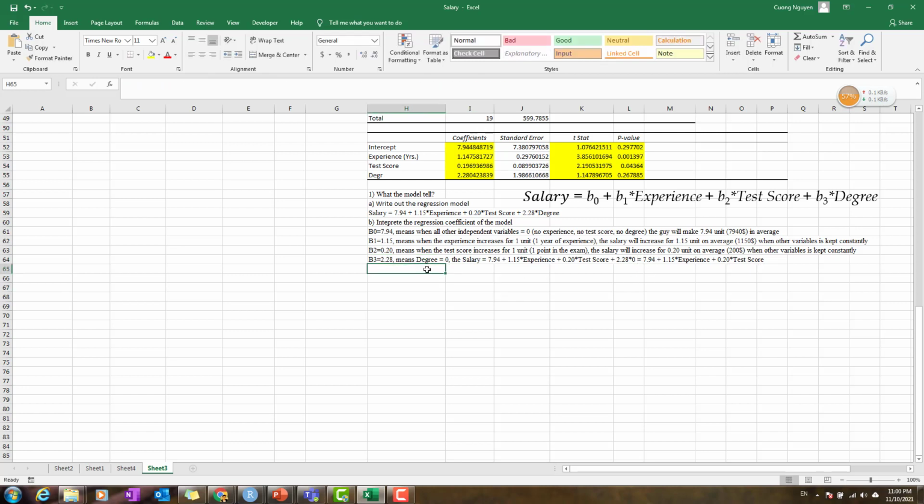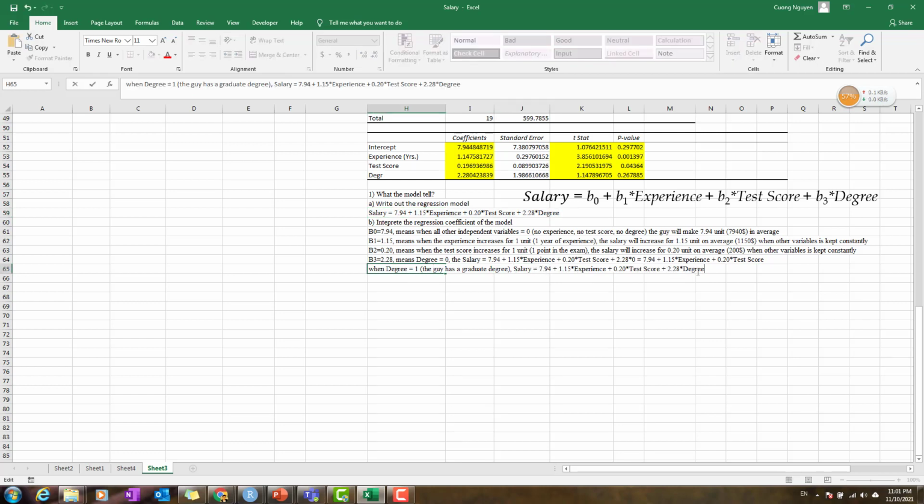Okay, but when the degree is equal to 1, that means the guy has a graduate degree, then the model will change itself.